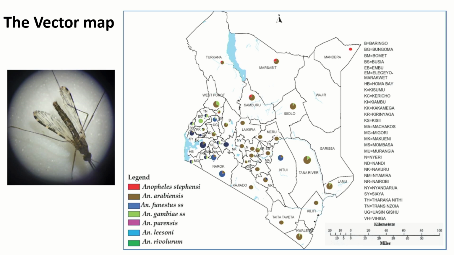So basically this is the country's vector map, and I'm an entomologist, so everything I'm going to speak, I'm going to tailor it to the mosquito. So this is the vector map for the country where we actually map, and for us, every discussion we were doing here, I look at this as this is the enemy we are fighting. And by understanding this is how we know how to direct these interventions.